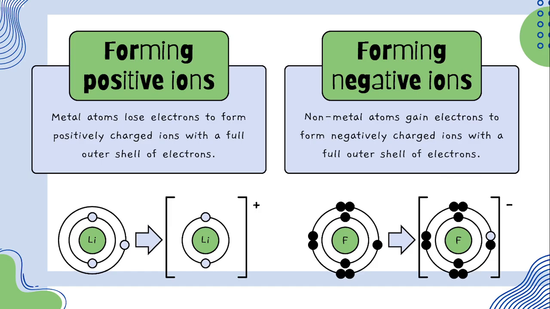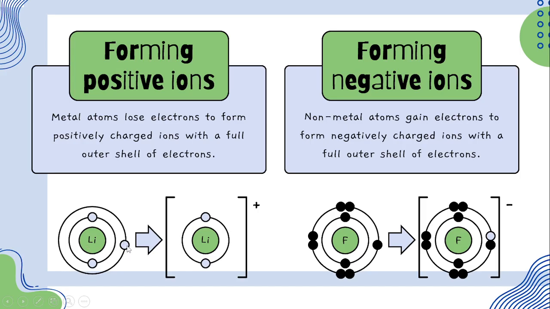Now let's see the forming of a positive ion and the forming of a negative ion. Metal atoms lose electrons to form positively charged ions with a full outer shell of electrons, and non-metal atoms gain electrons to form negatively charged ions with a full outer shell of electrons. Here we have lithium.